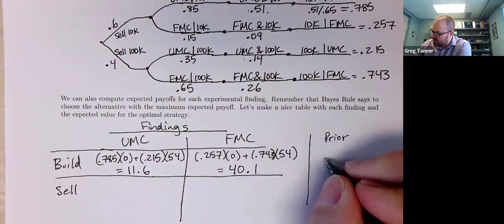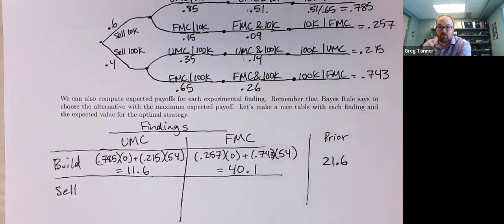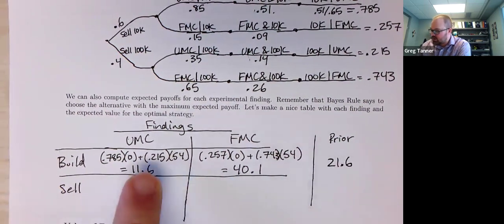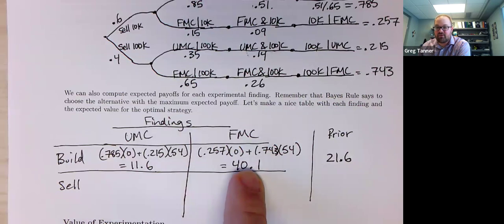Okay, and so maybe I'll put an extra column over here just for reference, that we had an expected value of 21.6 under our prior probabilities. And so when we come back with an unfavorable market condition, the expected value has gone down for the build alternative, and under favorable market conditions, the expected value has gone up.